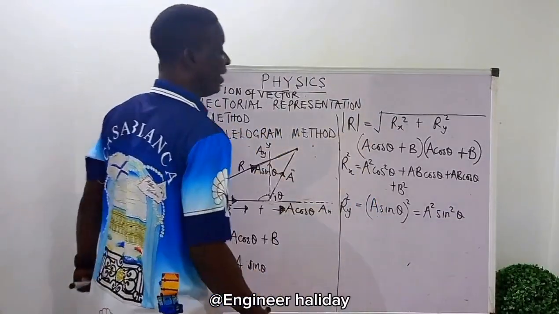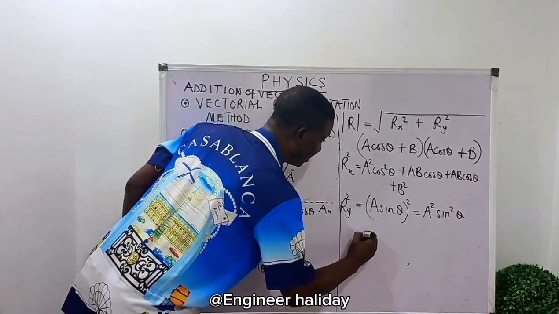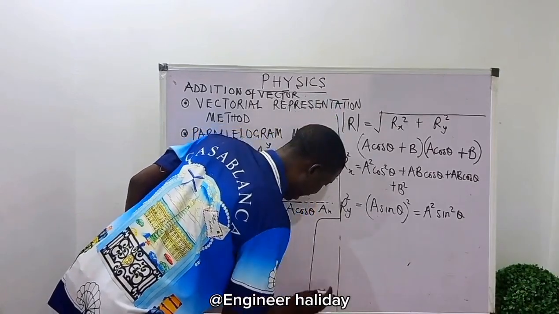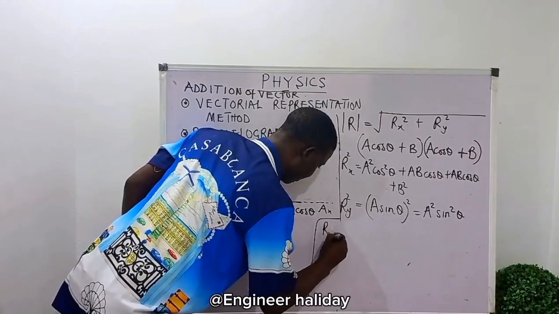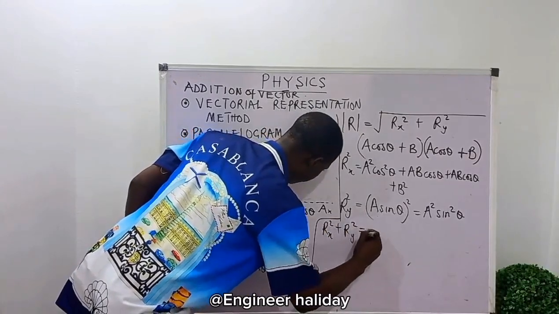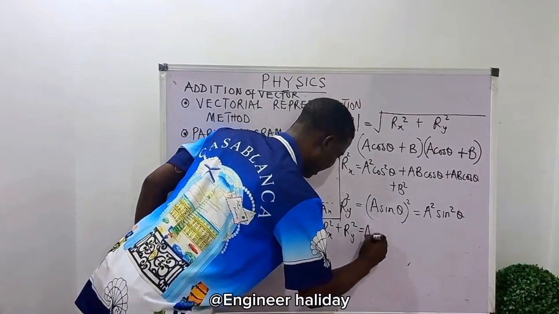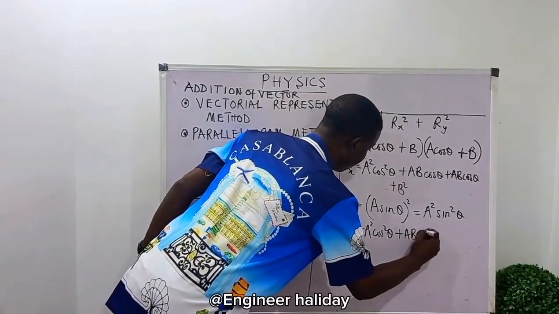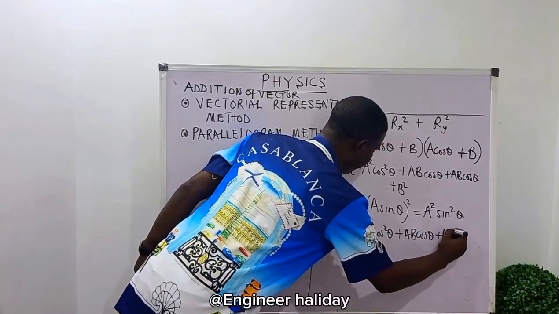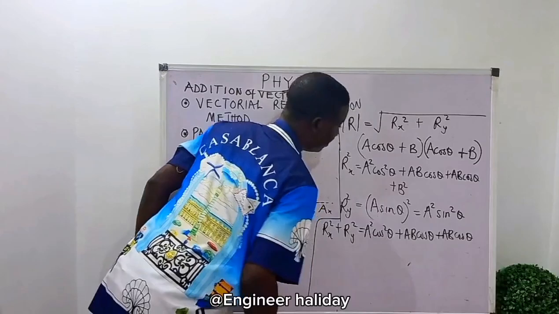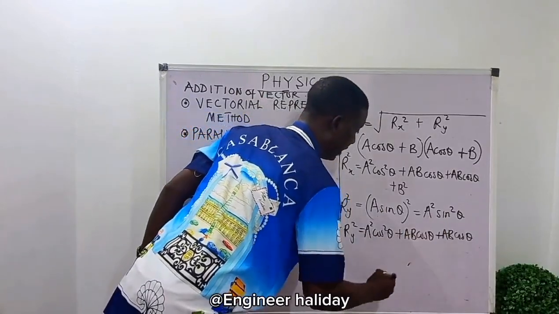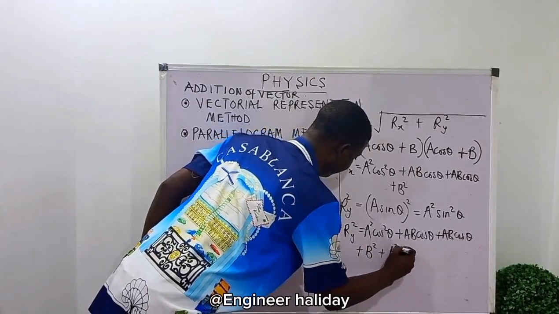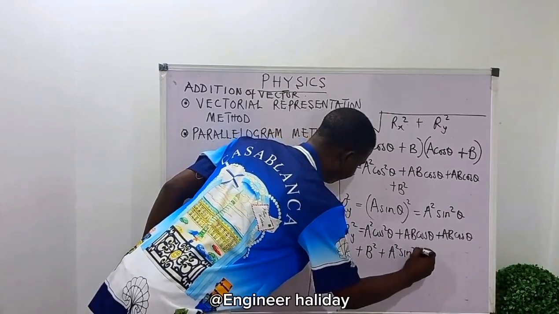Now let us put the two of them together. If you put the two of them together, we are going to have Rx square plus Ry square. A square cos square theta plus ab cos theta plus ab cos theta, plus b square, plus a square sin square theta.